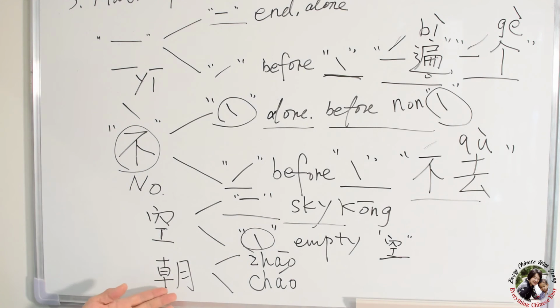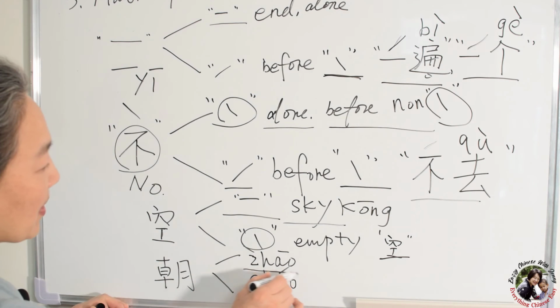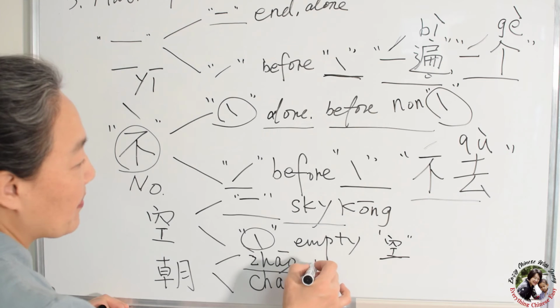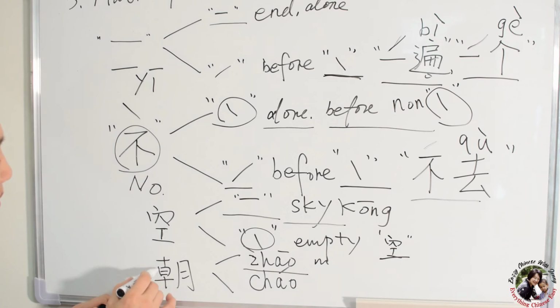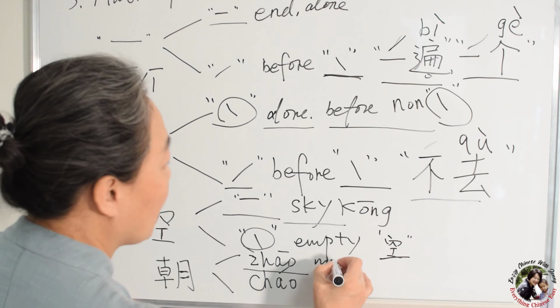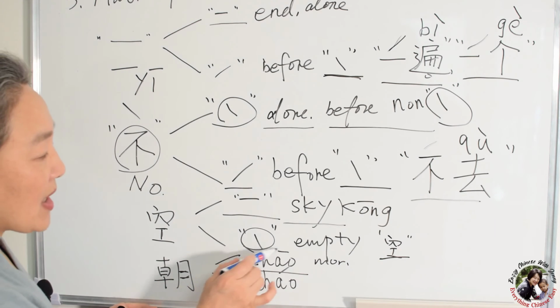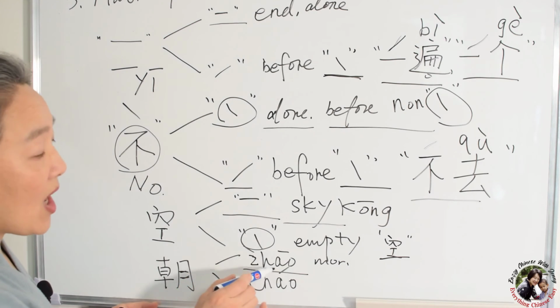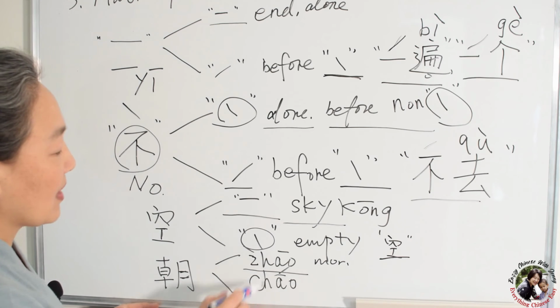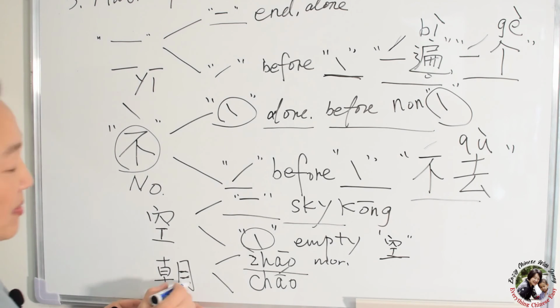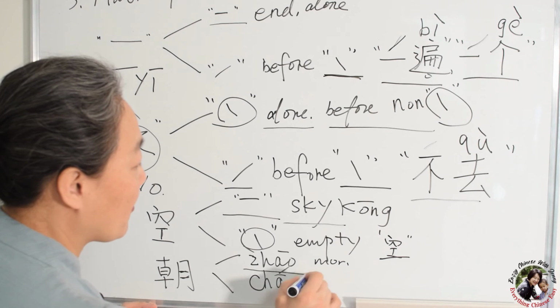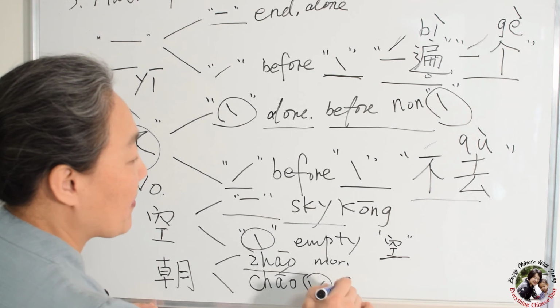This character, I think we have learned, 朝, means morning. Remember, with the sun and the moon still there and the sun just come out. Morning, early morning. When it means early morning, the pronunciation is 朝, first tone. Another word, it means verb. If it means verb, it means facing.